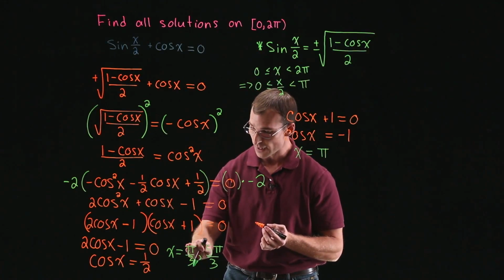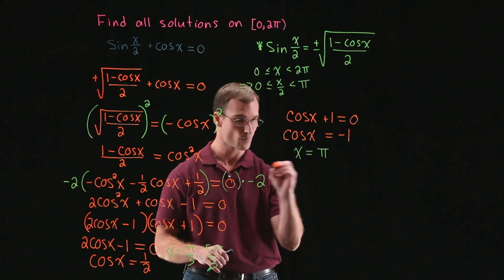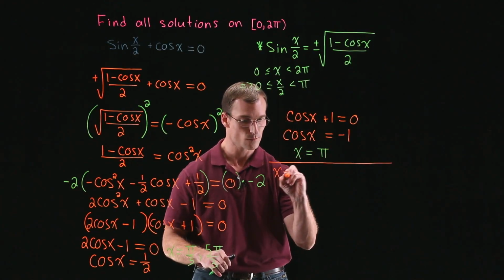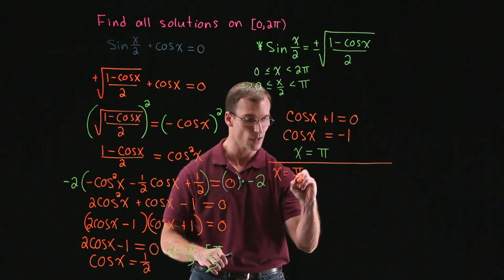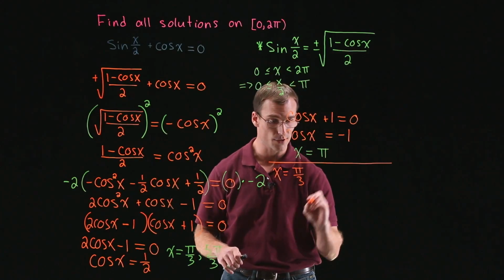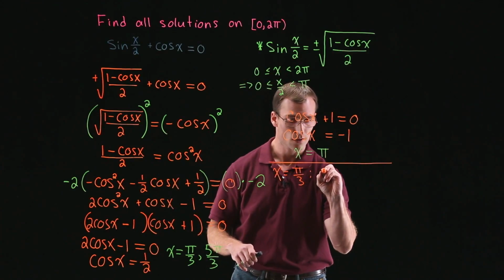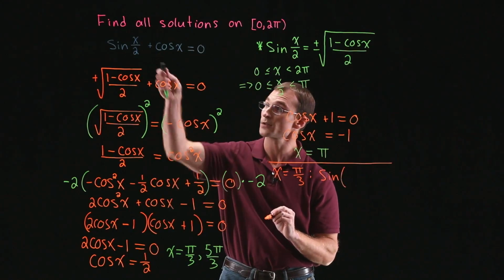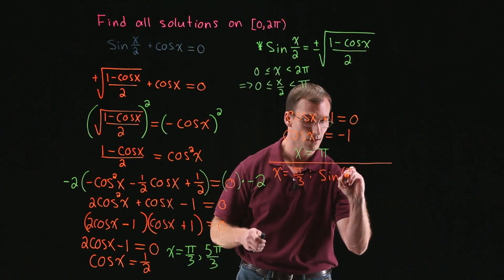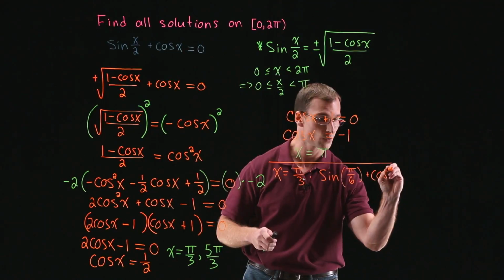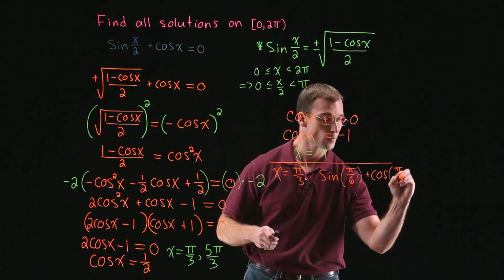So we'll start by checking our x equals pi over 3. We're just going to plug this back into our original equation. So plugging in for x, x over 2 would be pi over 6, plus cosine pi over 3.